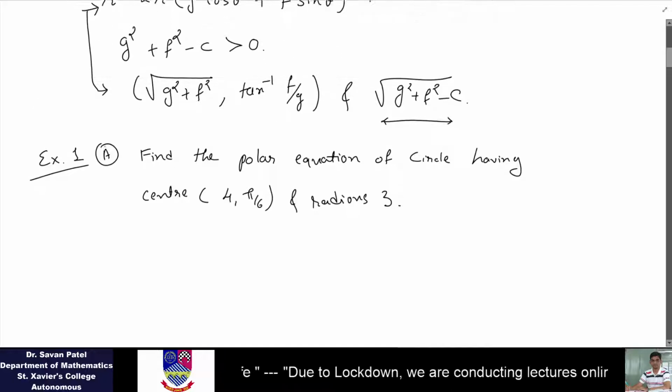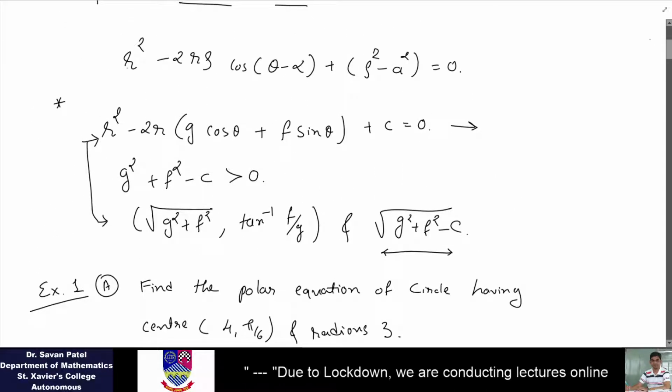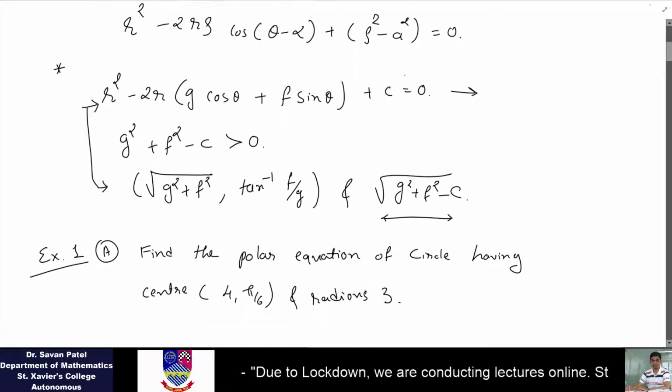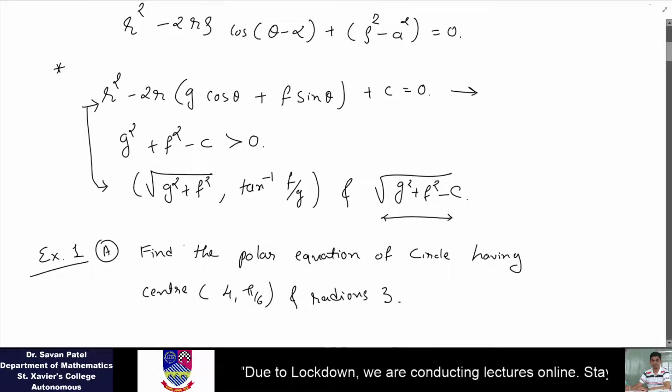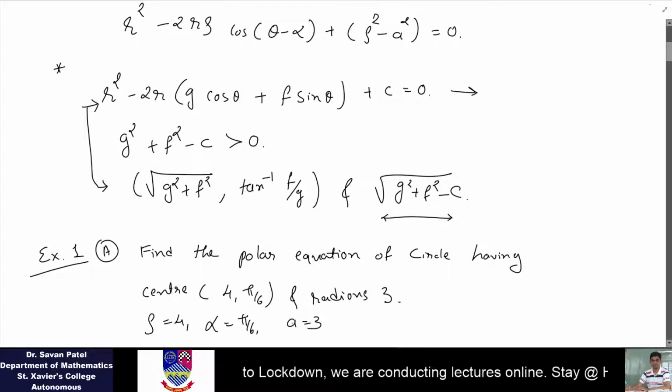So all you have to do is put the values of rho, alpha and a. Here rho is 4, alpha is pi by 6 and a is 3.